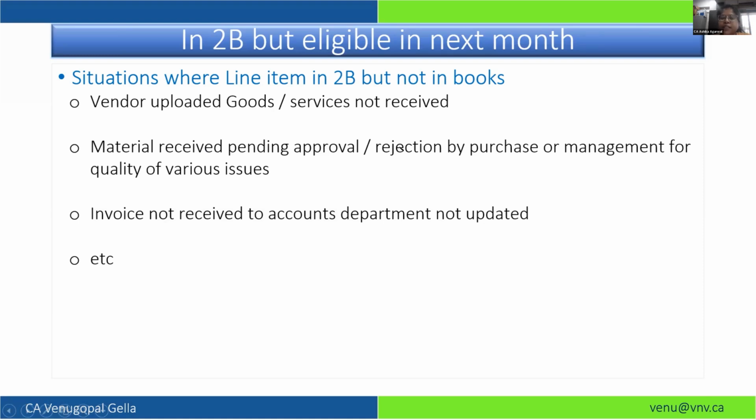We have given some instances where this can be the situation. So in these circumstances, even though it is showing in 2B and 4A5, due to non-compliance with other conditions of section 16, you will show it as a temporary reversal under 4B2. But when you avail it, at the time of availment, you will show it as part of 4A5 and 4D1.